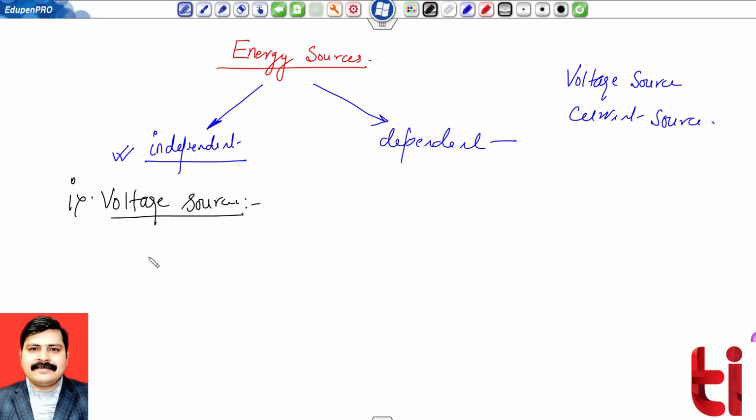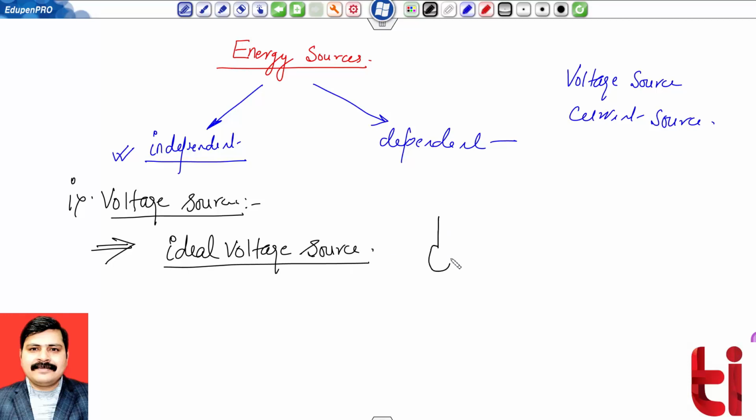These are further divided into two categories, ideal and practical voltage source. So let's discuss the ideal voltage source. The representation of ideal voltage source is like this.